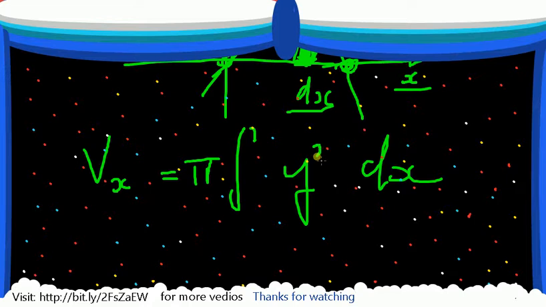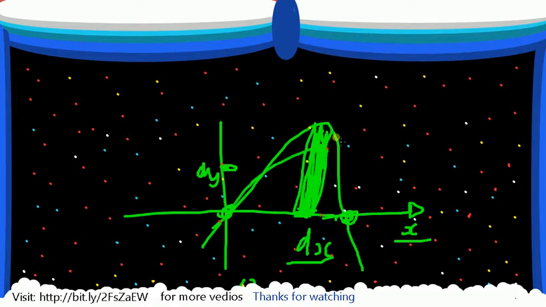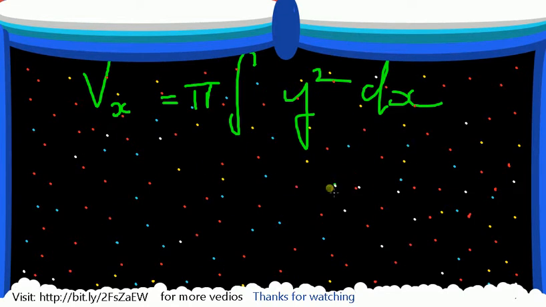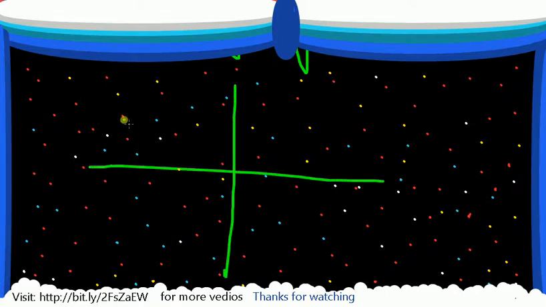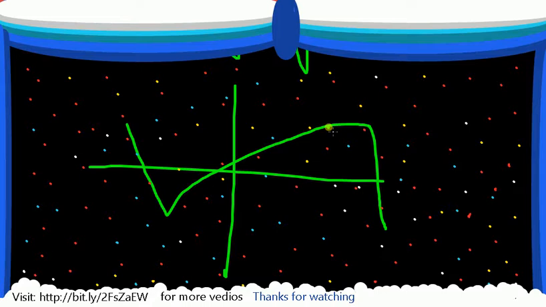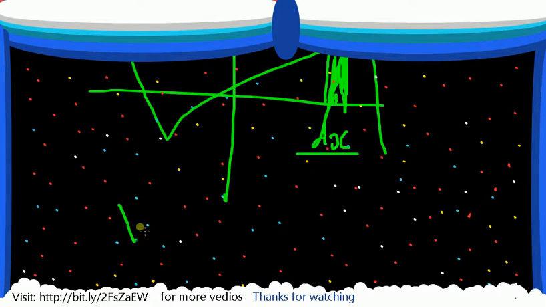This one is your equation, depending on whether the equation is a straight line or anything, in the first quadrant. Your strip is here. If they say it is rotated in the x-axis, it's a disk method.